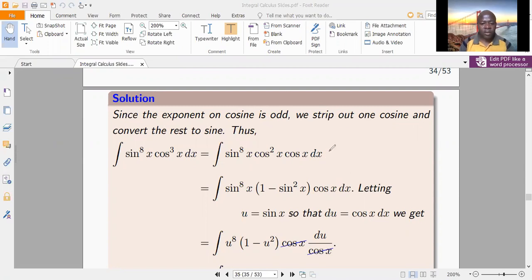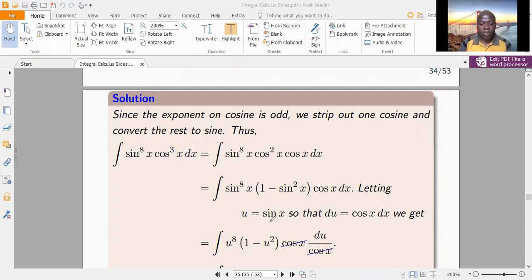Of course cos squared x is the same as 1 minus sine squared x. The rest remains the way they are.